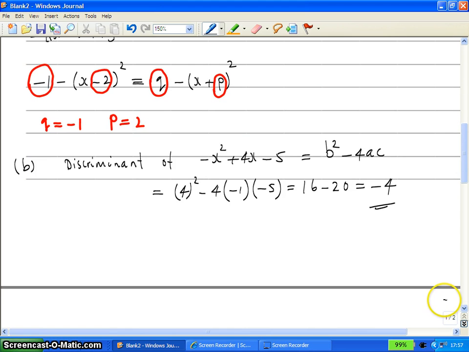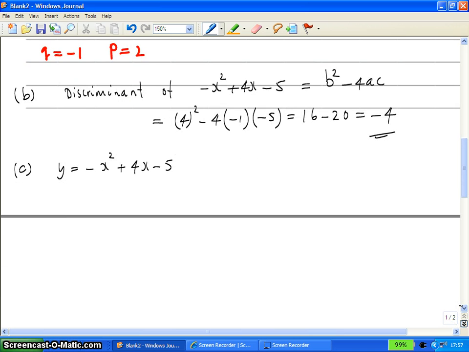Part C, you've been asked to sketch the graph of the function y is equal to minus x squared plus 4x minus 5. Well, we can use the completing the square form we worked out in part A to sketch the graph, because that's one of the advantages of presenting a quadratic in completing the square formation.